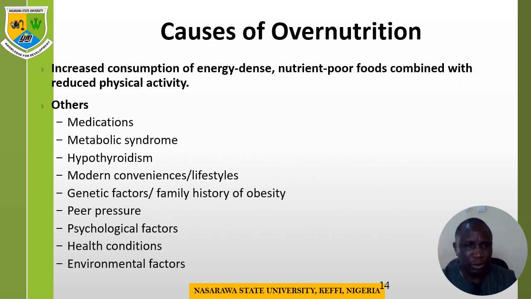Causes of overnutrition: one, increased consumption of energy-dense, nutrient-poor food combined with reduced physical activity. When we are consuming food and we are not using it, we are sedentary in nature and not involved in physical activities, it may lead to overnutrition.